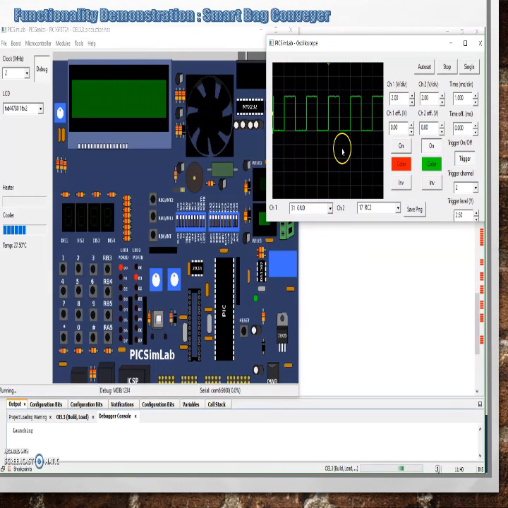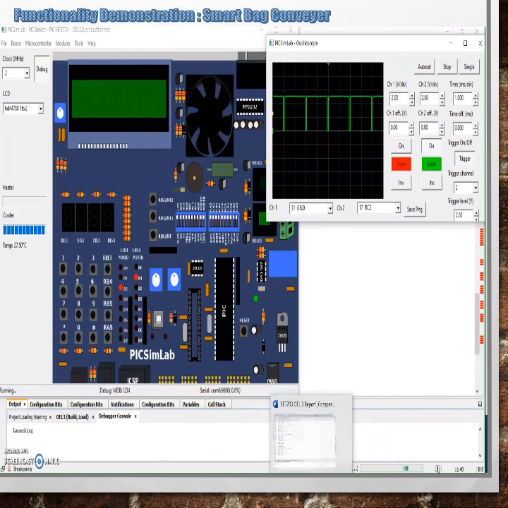The speed will increase 25%, 50%, 75%, and 95%. Okay, that's all for our simulation of the program.